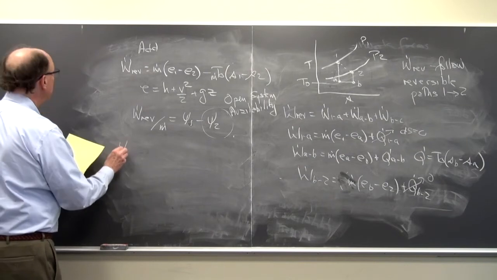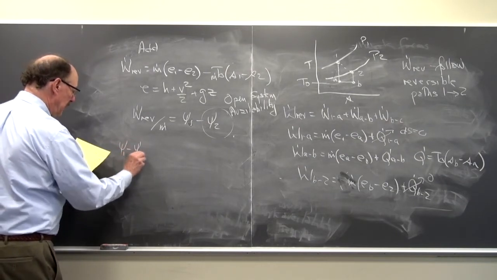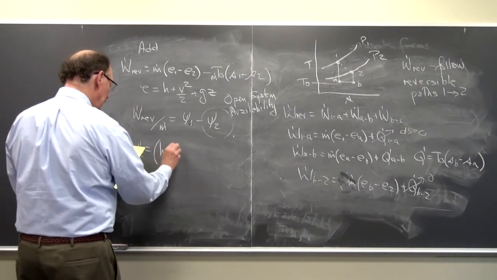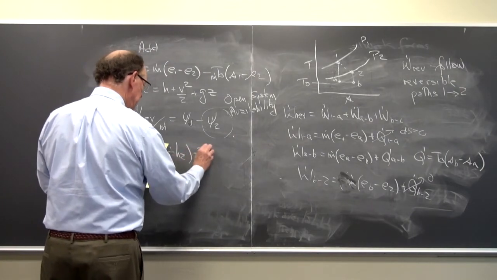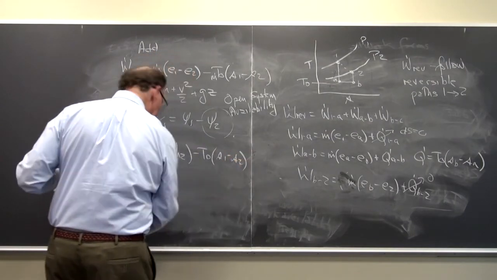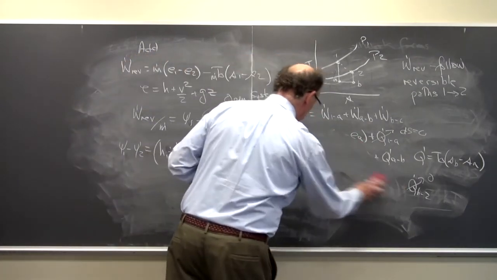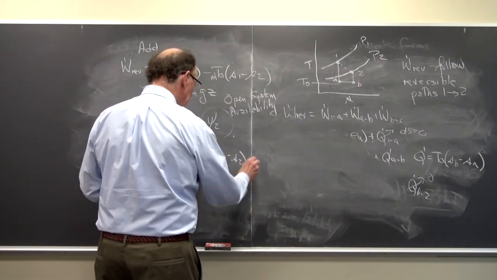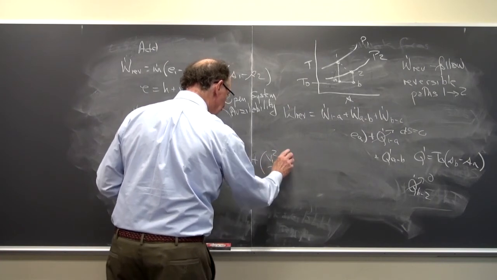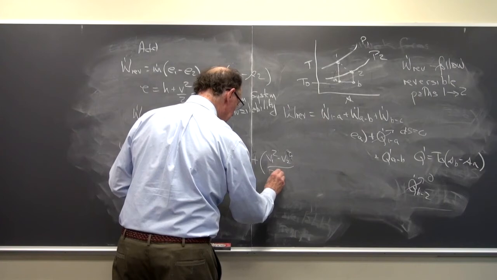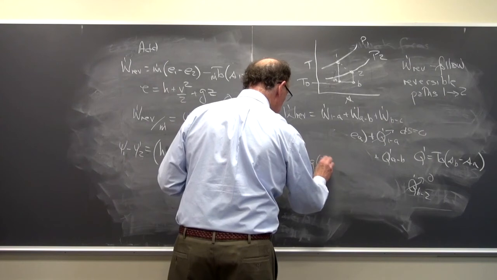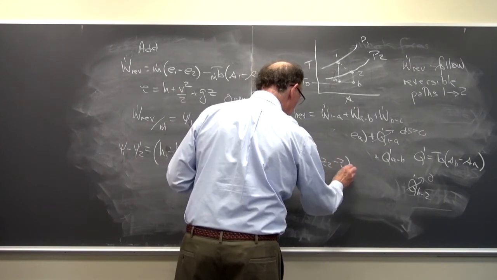Psi 1 minus psi 2 is equal to H1 minus H2 minus T0 times (S1 minus S2) plus (V1 squared minus V2 squared) over 2,000 plus g times (Z2 minus Z1) over 1,000.